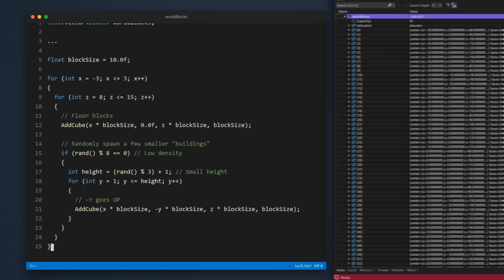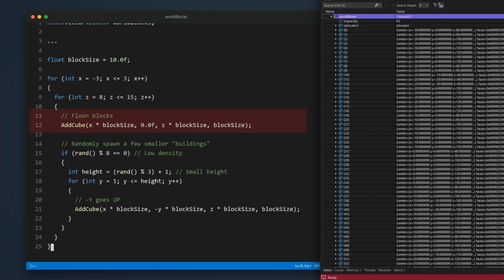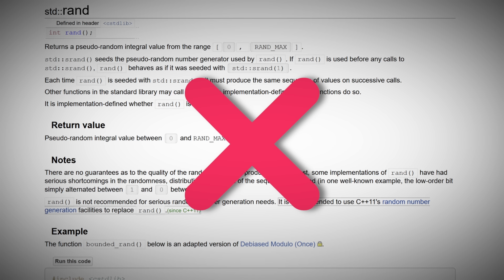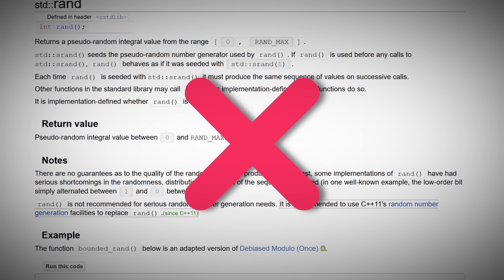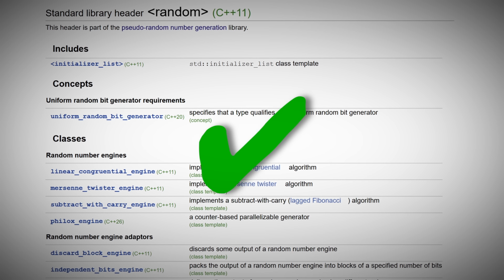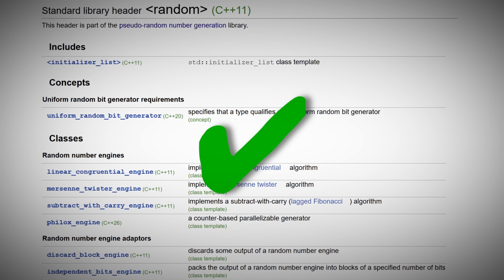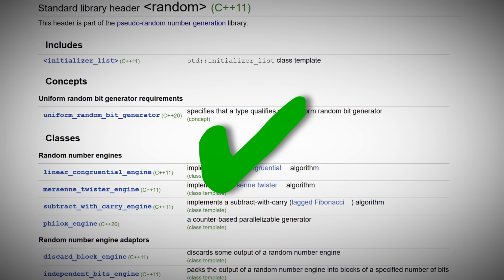It lays down floor blocks and then, using a bit of randomness, stacks a few blocks vertically along the negative y-axis. Because remember, y goes down in screen space, so negative y goes up into the sky. We use a rand here because we don't care about precision or true randomness, really. But remember, you should always prefer the random library in most cases. We now have a procedurally generated world.